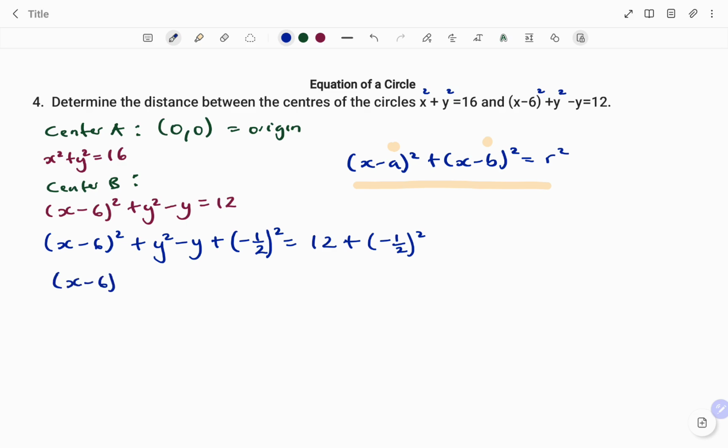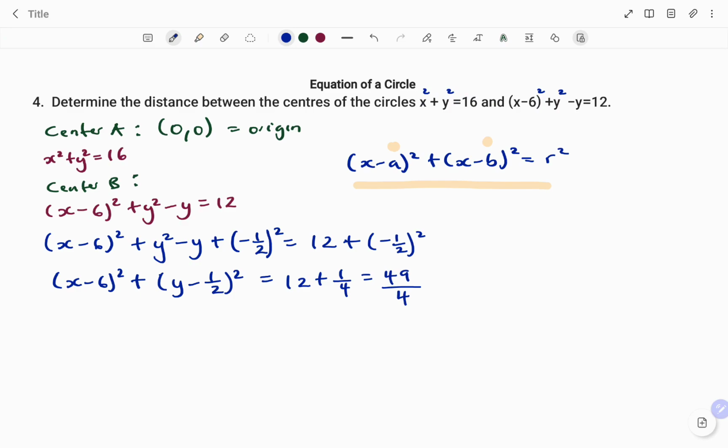We have x minus 6 all squared, plus then we complete the square on the left-hand side, that will be y minus 1 over 2 all squared. On the right-hand side we have 12 plus negative 1 over 2 all squared, which is 1 over 4. That's equal to 49 over 4.